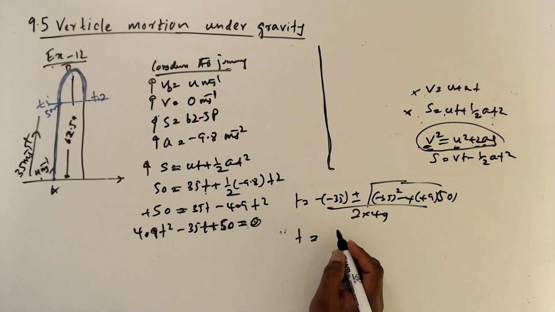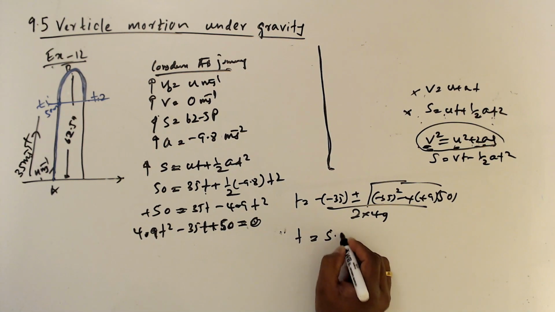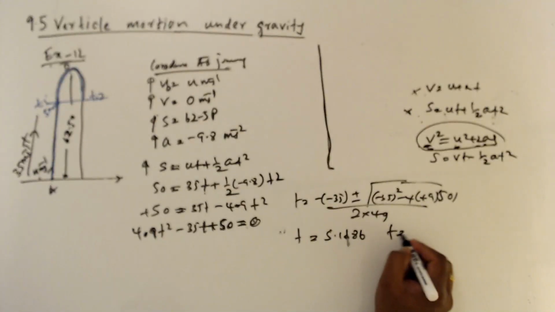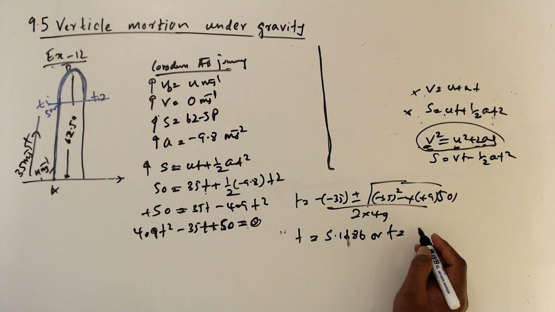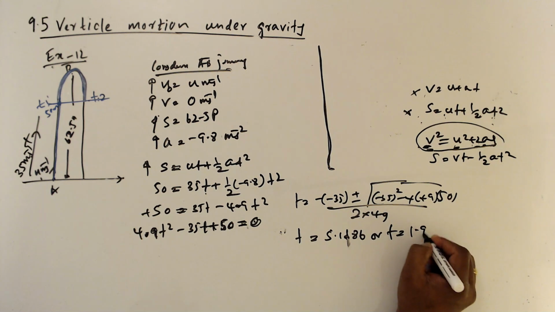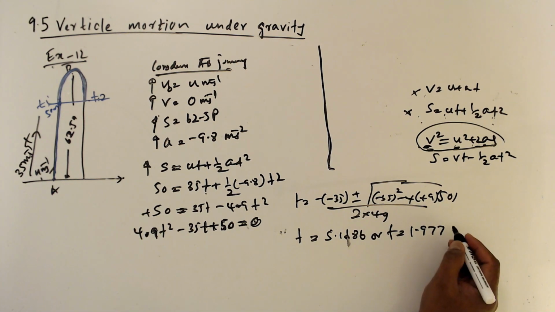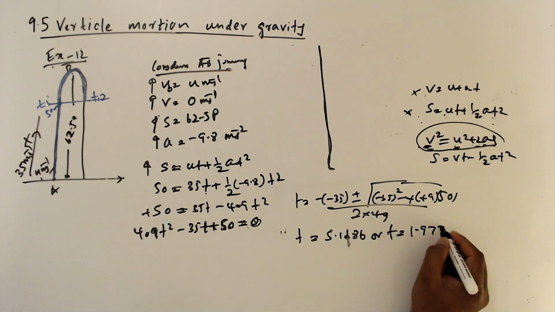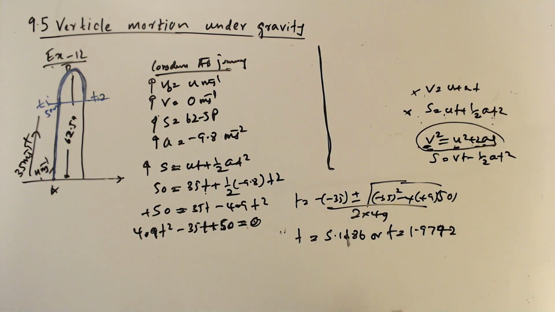Two t values. One is t equals 5.1686. The other t value is 1.9742.